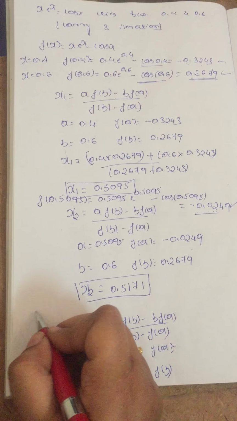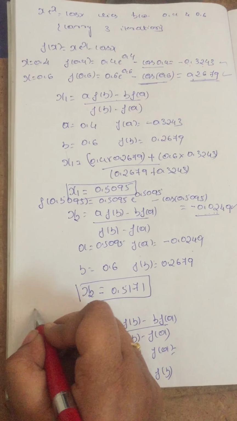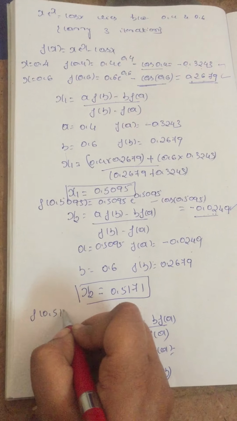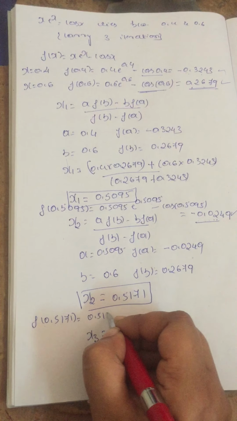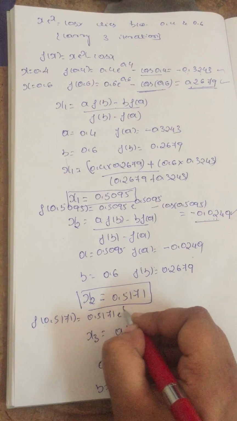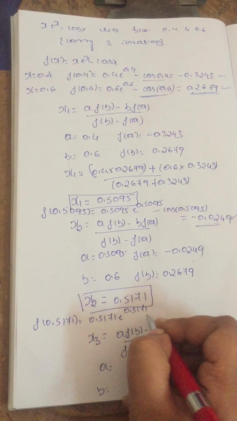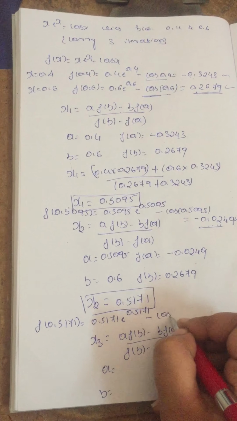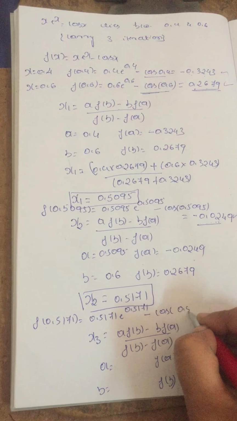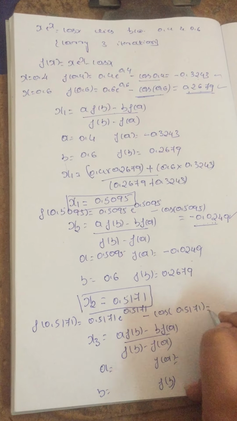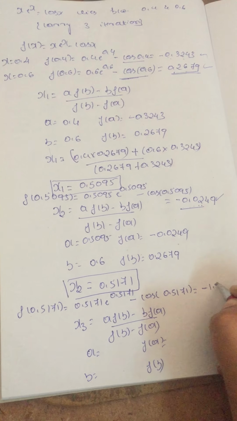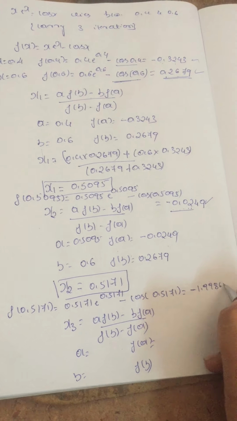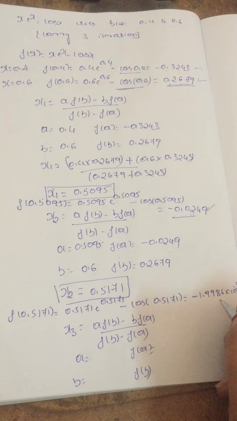Now first we have to find f of 0.5171, that is 0.5171 into e power of 0.5171 minus cos of 0.5171. Simplify. Here we get minus 1.9986 into 10 raised to minus 3.